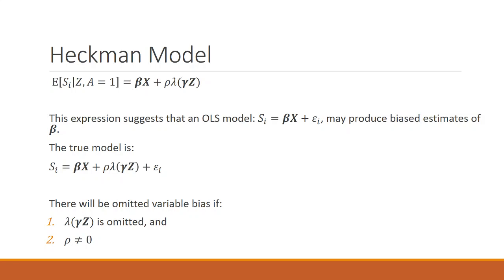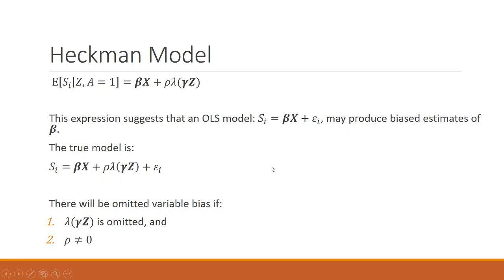We're building up to the Heckman model. What this expression says is that if we were to use the ordinary least squares model that just has savings regressed on beta x, this OLS model may produce biased estimates. Why would it produce biased estimates?